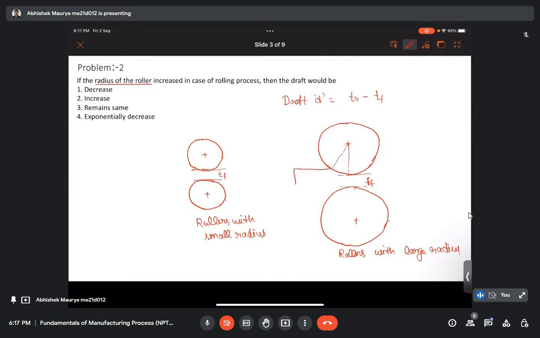basically if we are having the billet and the point of contact, where basically the angle between the point of contact to the point of exit, so that angle is called the angle of bite.